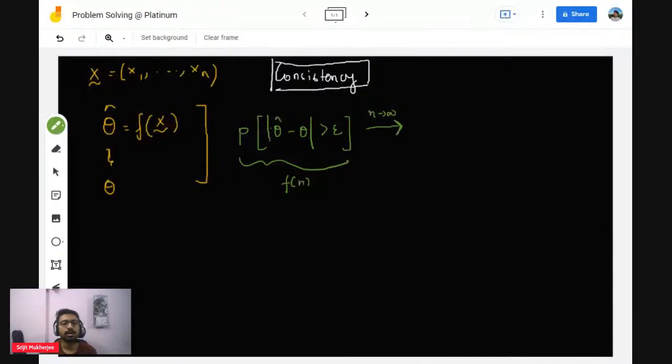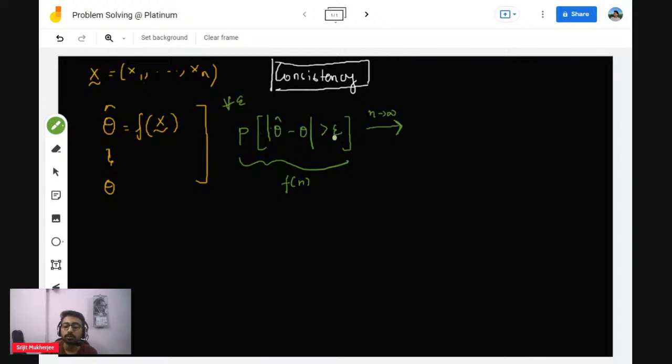If you're not comfortable, maybe you're lagging behind. So what is the intuition of this term? Distance between the parameter and the estimator. Very good, Sriteja. So the distance between the parameter and estimator greater than epsilon means?